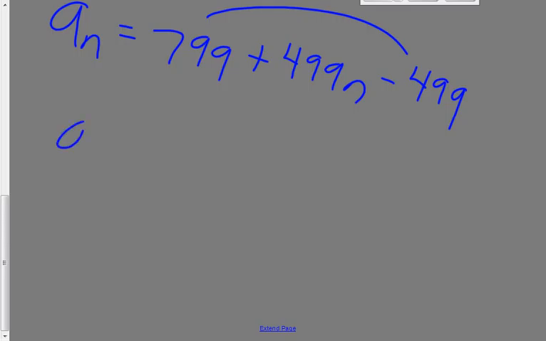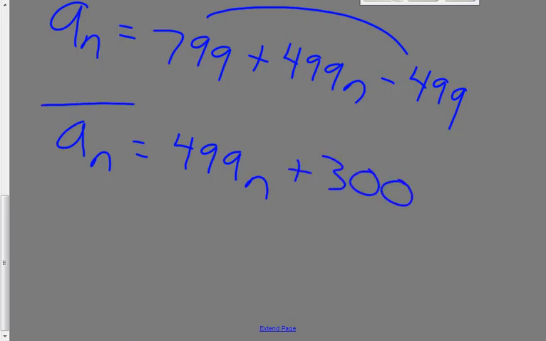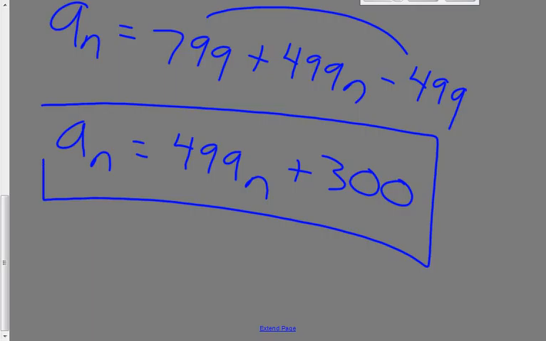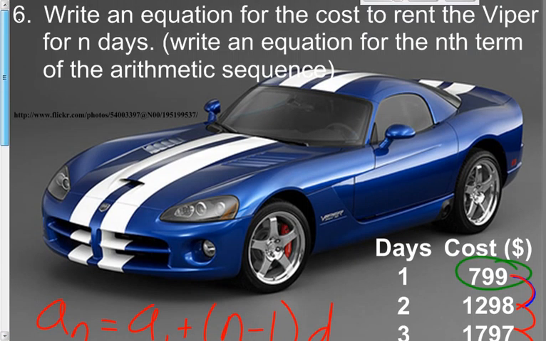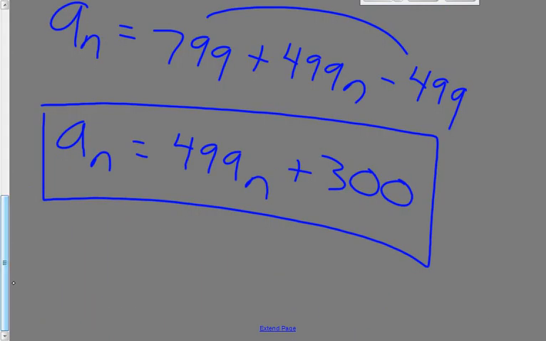So a sub n equals 4.99n plus 3. If I'm taking a vacation, this is going to help me, using this formula, to plan on how much money I'm going to have to spend on this Viper if I rent it for a certain number of days. Okay, this formula right here.